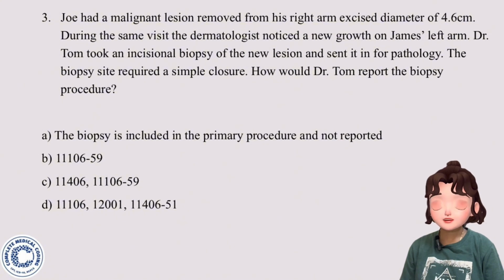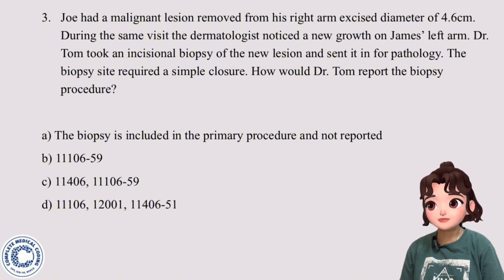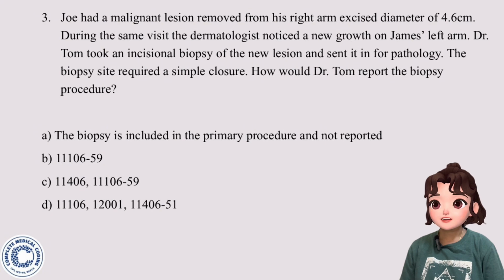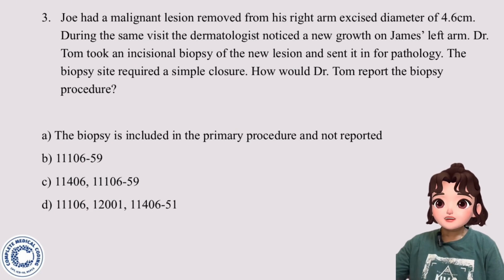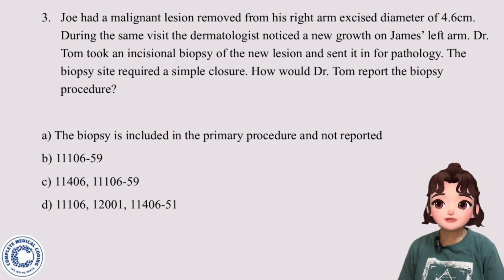Incisional biopsy of the new lesion means incisional biopsy from the left arm. That is what we need to code, and it's a simple closure. Okay. So the first option is telling that biopsy is included in the primary procedure and not reported. No, it's not like that. What is the second code?